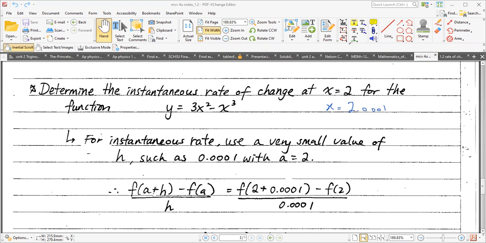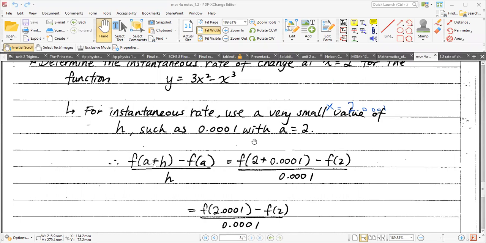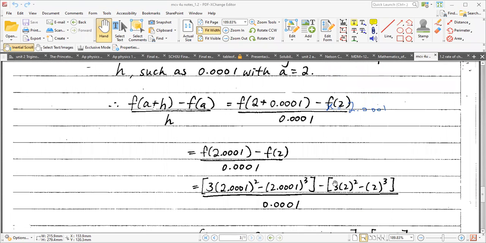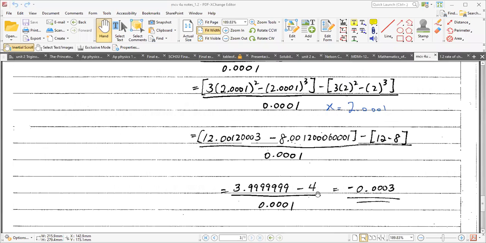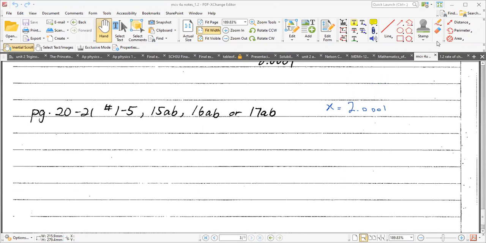So then you have your equation. For f of 2.0001, instead of the x, you put 2.0001. And for f of 2, instead of the x, you put 2 to find that. As you see here, you can use a calculator to find the answer.